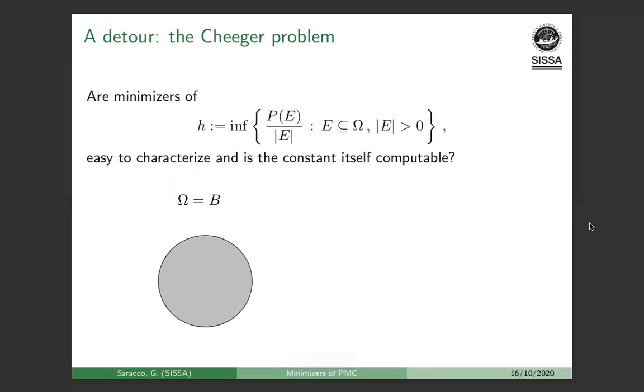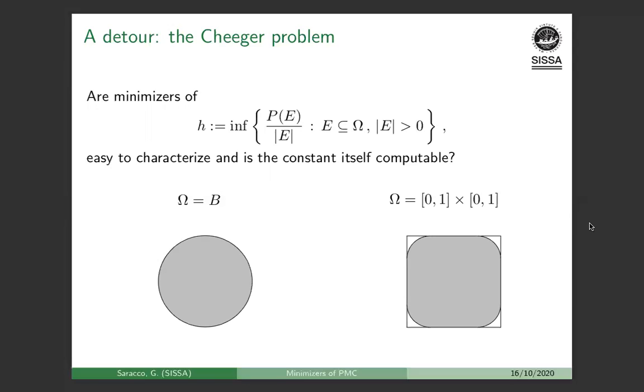So let's pass to a more exotic box, say a square. Since the square is symmetric, we expect the Cheeger set to be symmetric as well, to enjoy the same symmetries. And since its boundary must be made of arcs of circle with the same radius, you can more or less imagine that the shape has to be like the one I depicted.